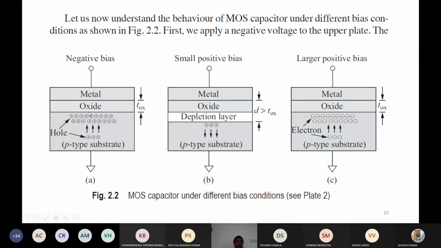In this case obviously there will be some barrier. Here an N plus region is there, and here also an N plus region is there. This N plus source region and the P region will form a PN junction, which will have some potential barrier. Therefore charge carriers, electrons from the N plus source region, cannot travel to the drain region. Also between the drain and the P region there will be a PN junction, which will create some potential barrier.